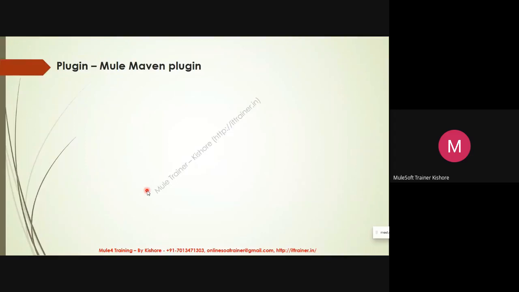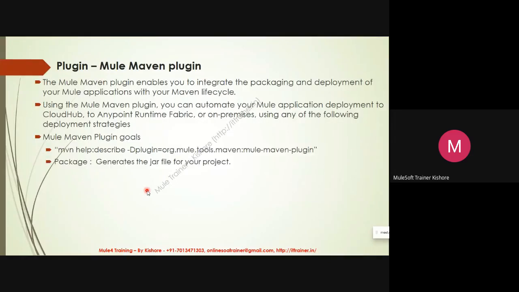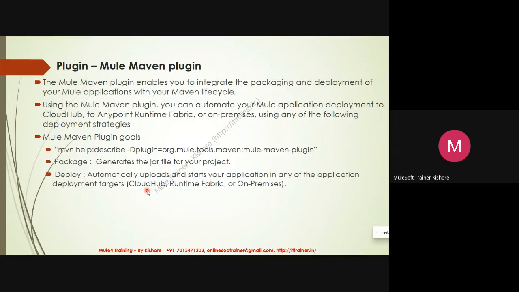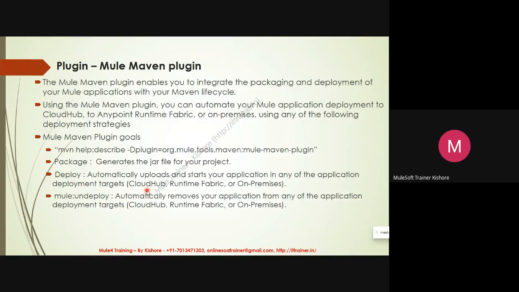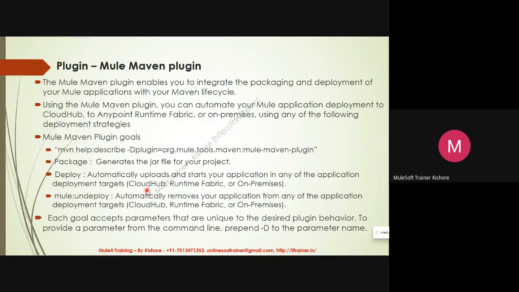Package generates the jar file for your project. Deploy automatically uploads and starts your application to any of the application deployment targets. That is your Cloud Hub, RTF or on-premise. Mule undeploy will remove your deployment. Each goal accepts the parameters that are unique to describe the plugin behavior. To provide a parameter from the command line, append -D to the parameter name or prefix.